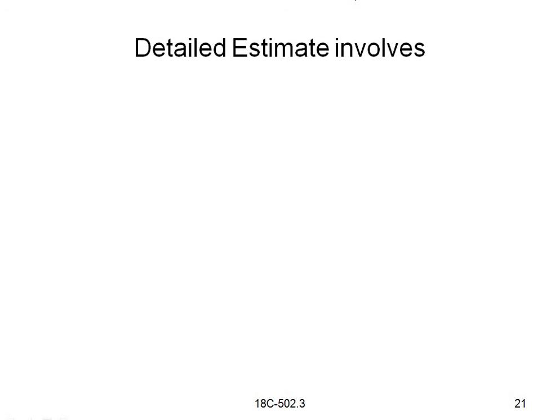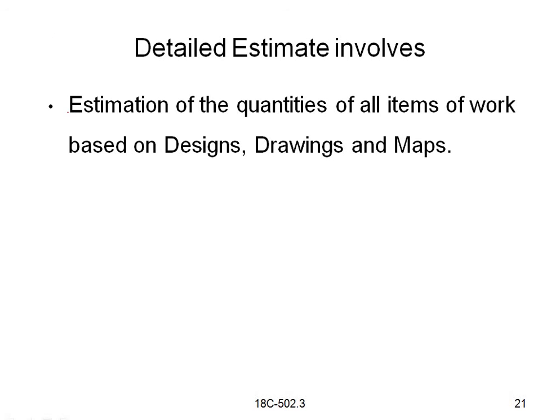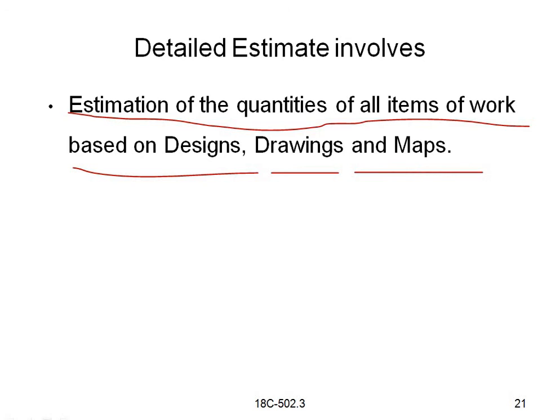And here some of the points are given. Detailed estimates also involve the estimation of the quantities of all items of work based on designs, drawings and maps. So in a detailed estimate you can see all the things, that is, estimation of quantities of all the items of work, just like earthwork excavation, cement concrete or steel cutting, bar bending schedule.